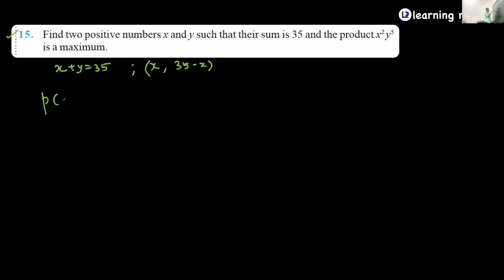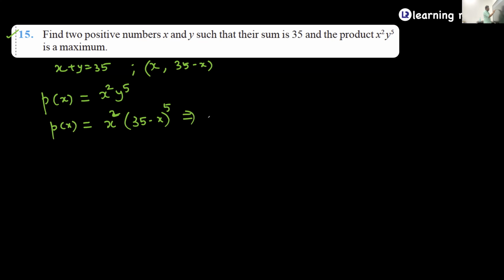So what is the product function? This time I'm writing it as p of x, where p stands for product. So what is p of x? It is x square y power 5. So this will be x square into 35 minus x the whole power 5. Okay, so this is p of x.